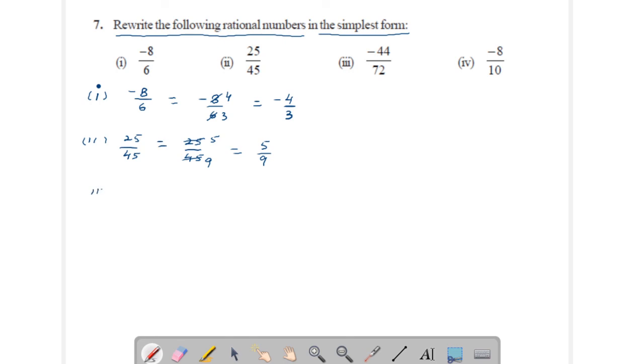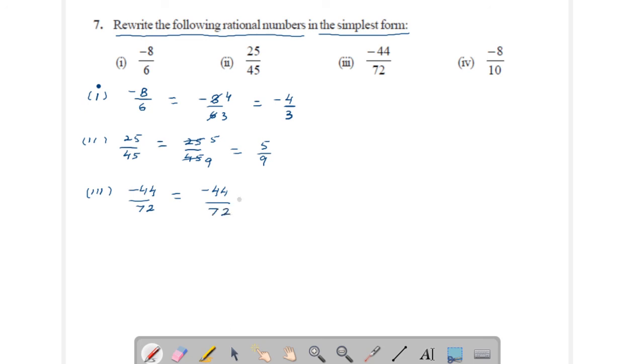Now third part, minus 44 upon 72. So minus 44 upon 72.